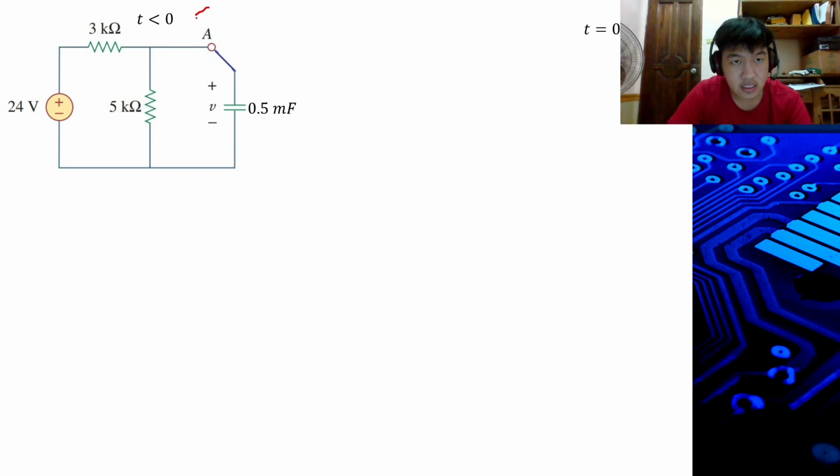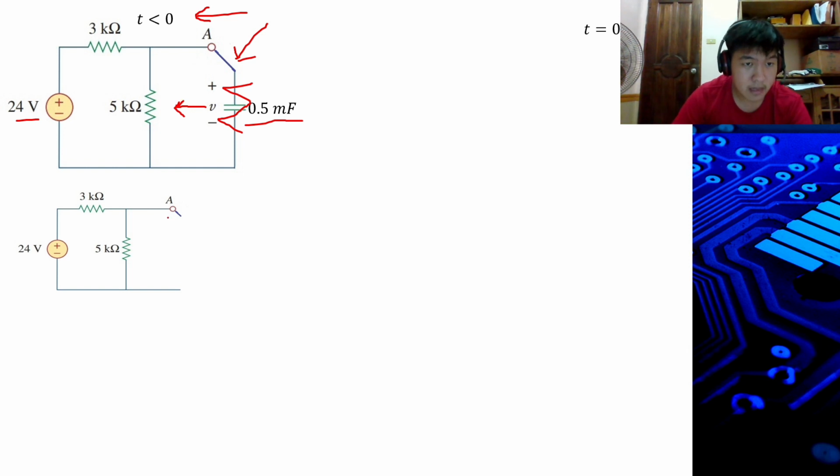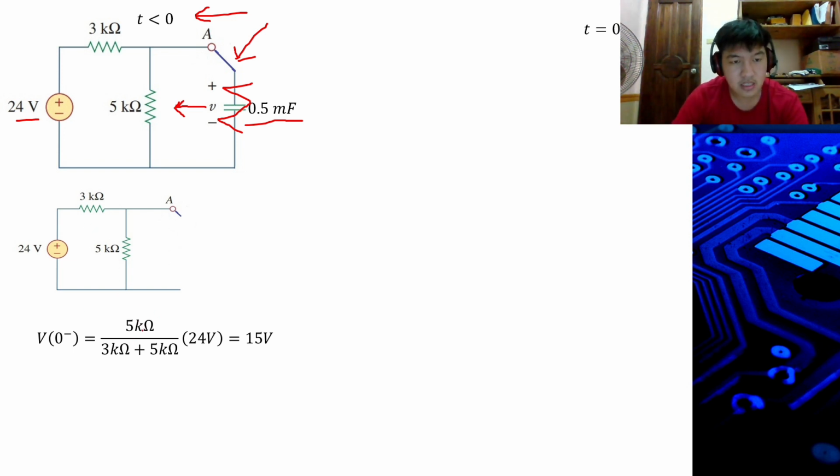At t less than 0, the circuit has a 24 volt DC source and a capacitor. Once connected, the capacitor opens, and the voltage across the capacitor, which is parallel to the 5 kilo ohms, we can get using voltage divider: 5 kilo ohms over 3 kilo ohms plus 5 kilo ohms times 24 volts.